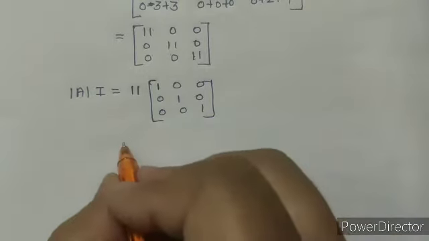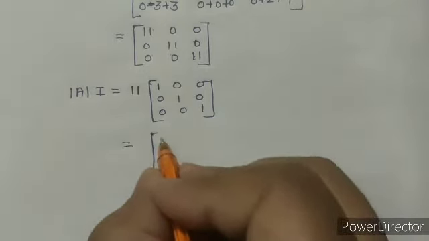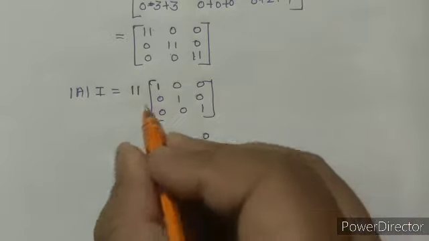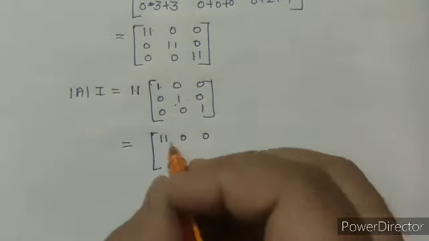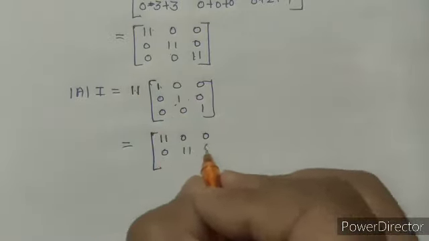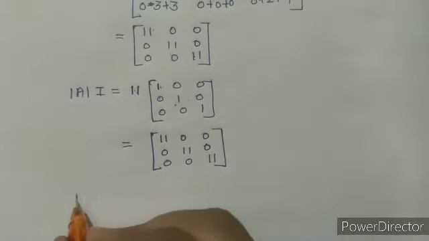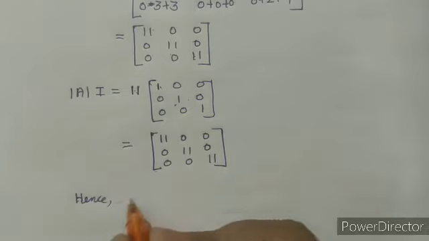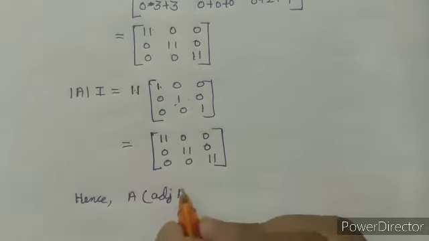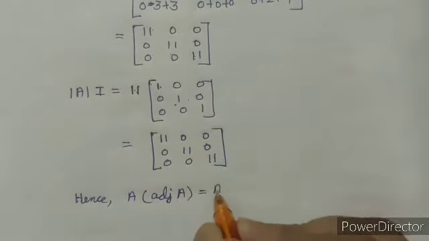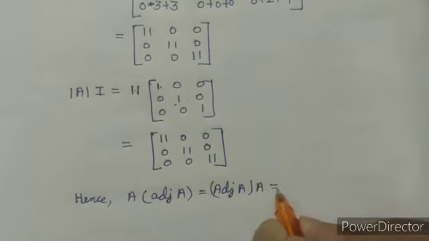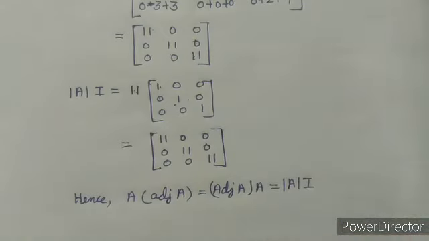That again gives us the matrix 11 0 0, on multiplying 11 to all its terms, 0 11 0, 0 0 11. So we can say hence A into adjoint A is equal to adjoint A into A, and that is equal to determinant A into the identity matrix.